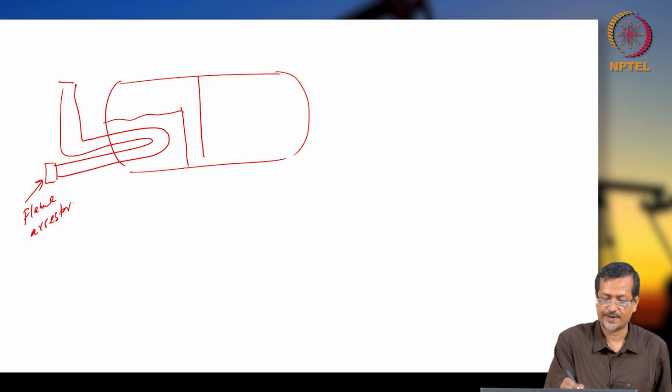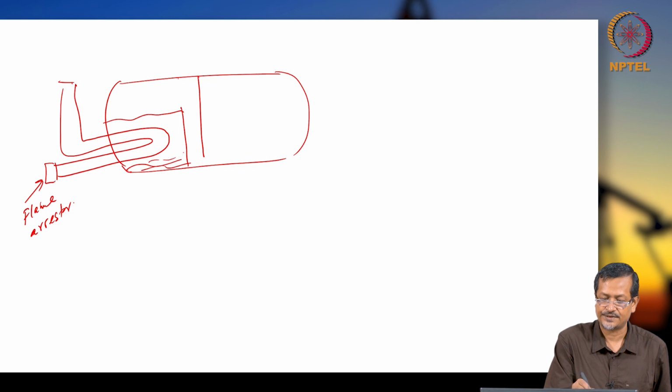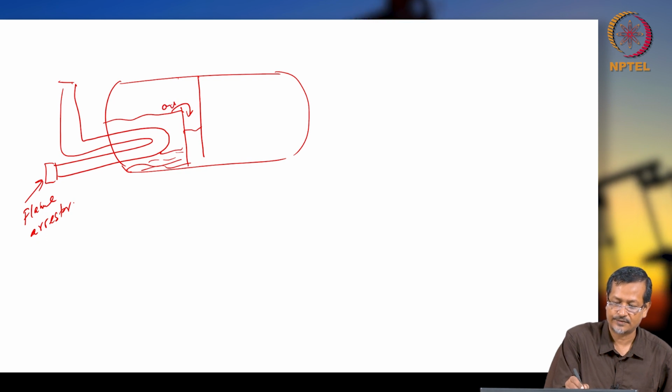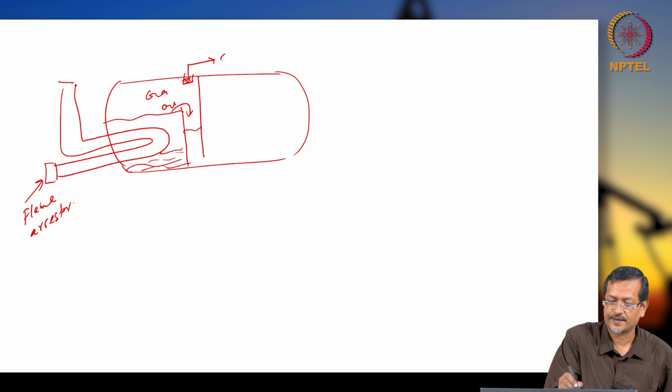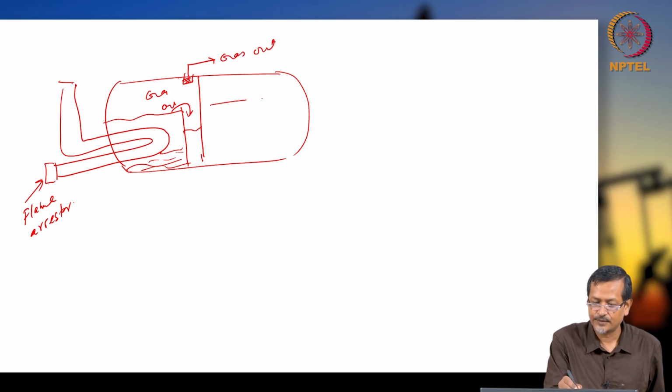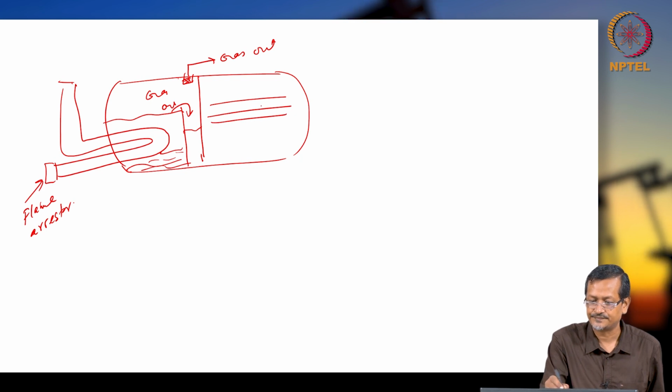This is the heater treater pipe, and water will be deposited here, and oil will be going out here. This is oil. This is gas, there will be one gas outlet, and here you are putting electrodes.